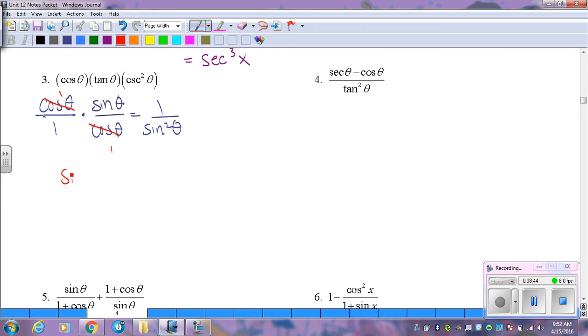Then we multiply straight across, you're going to get sine theta over sine squared theta. And this is going to reduce just like x over x squared would reduce. So you can leave your answer as 1 over the sine of theta, or you can write it as its reciprocal, which would be cosecant of theta. So either one of those would be correct as a simplified form.